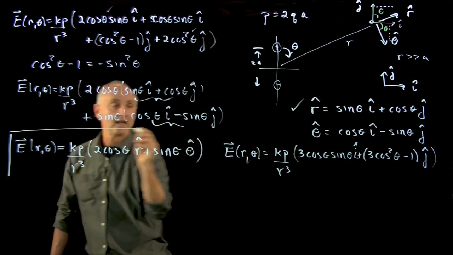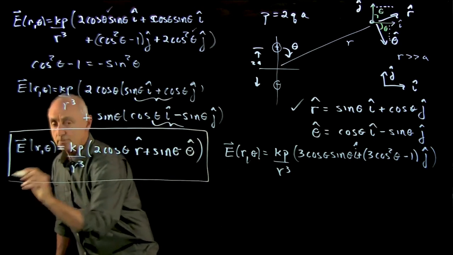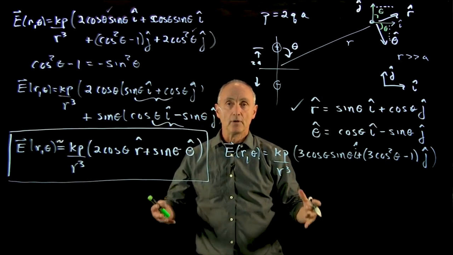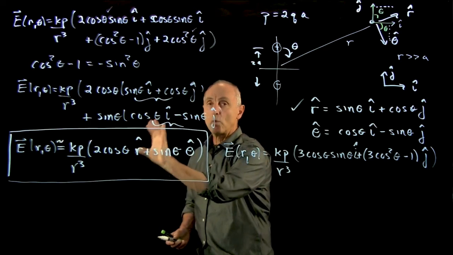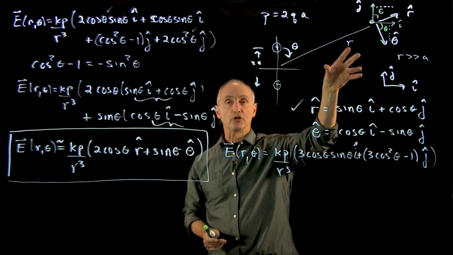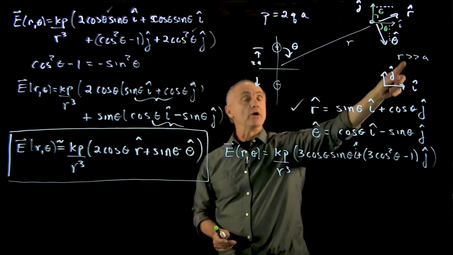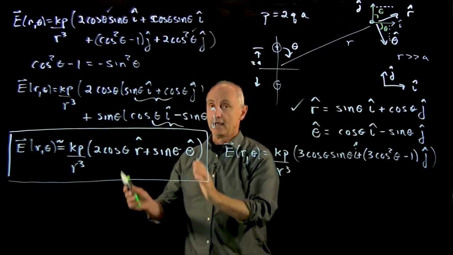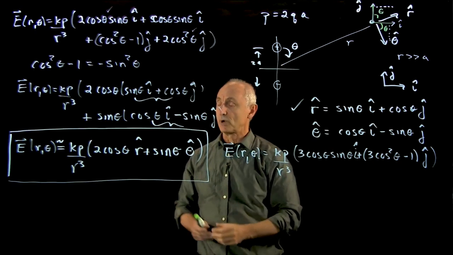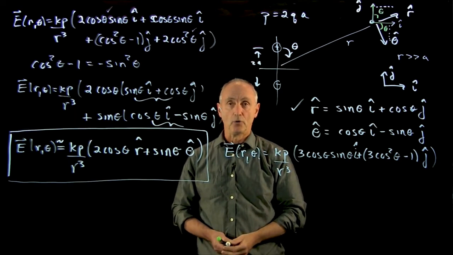And finally, that is the expression for our electric dipole field in polar coordinates. Now remember, what precisely is this? This was the leading order contribution to the electric field when r is much bigger than a. And now we have a nice, concise expression entirely in polar coordinates.